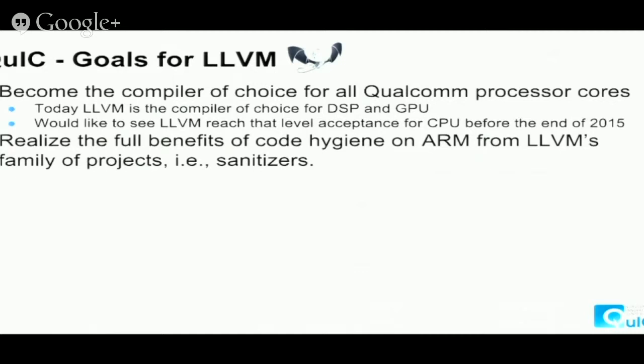For us, that means Android building with LLVM, and also having LLVM with competitive performance. We also want to realize the full benefits that LLVM and the LLVM family of products bring, not only to the other cores, but also to the CPU.